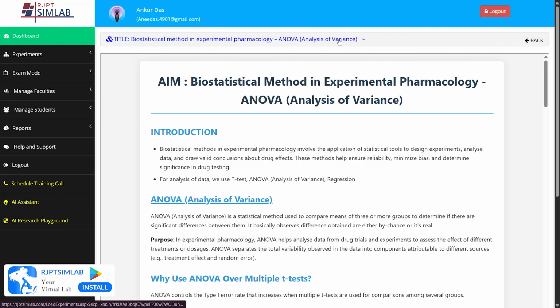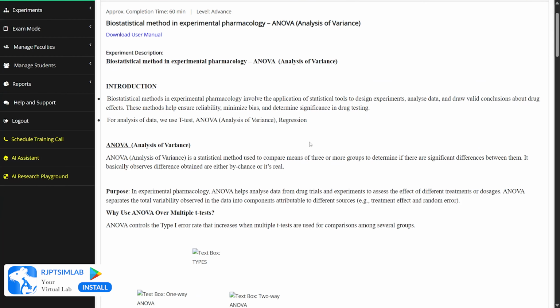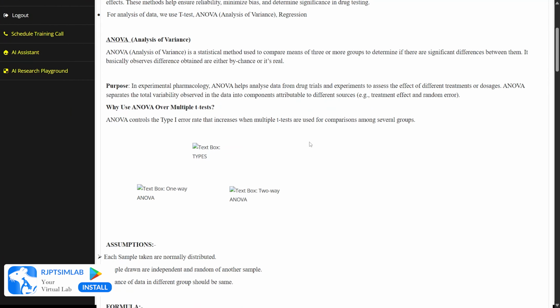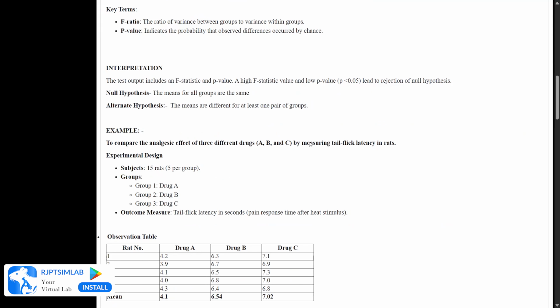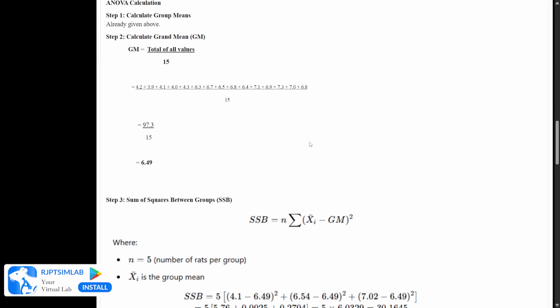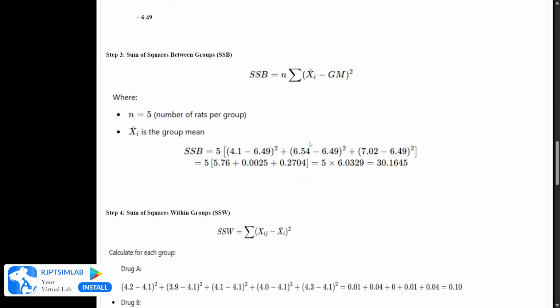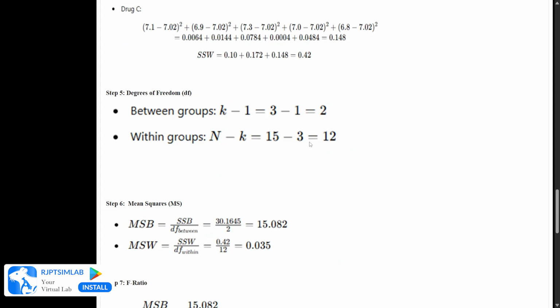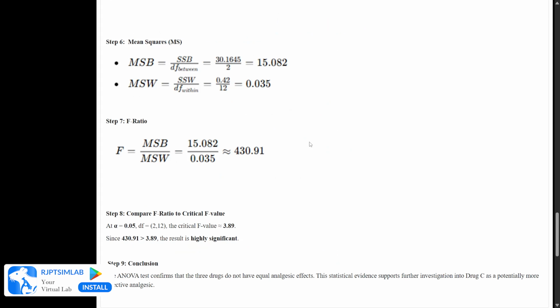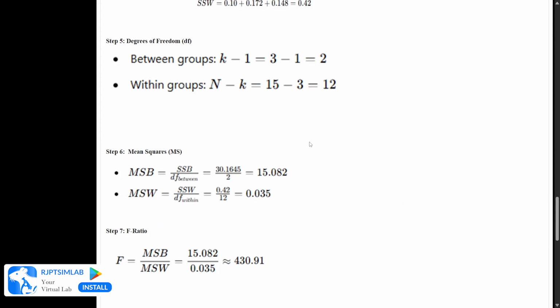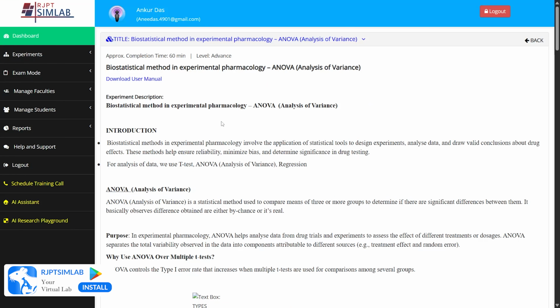At this part, we can see the introduction and all the written details on how to perform the experiment. We can learn it here before going into the presentation part, so that we have an idea of what is in the slides. This is free material for the students who do not have a subscription to our RJPT Simlab.